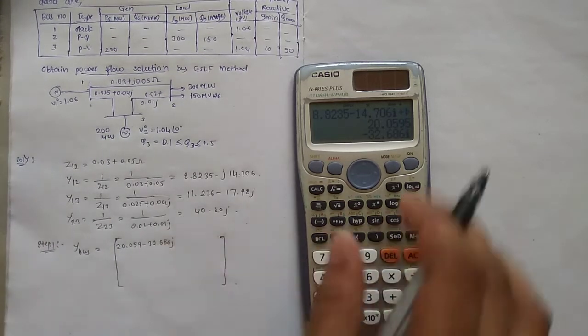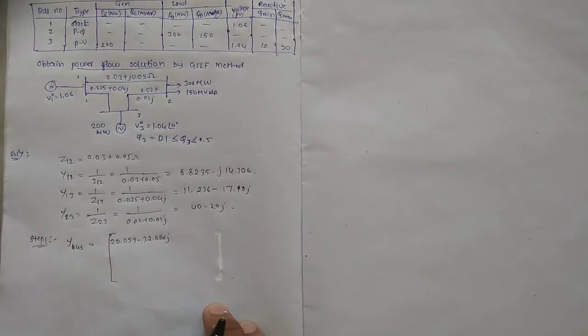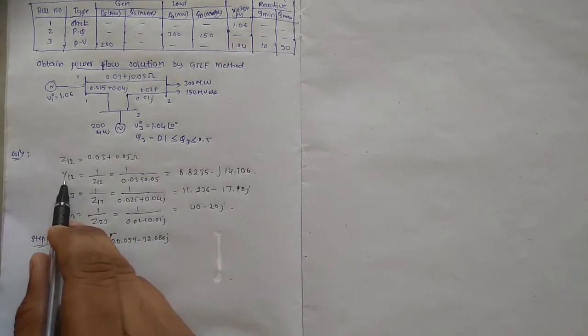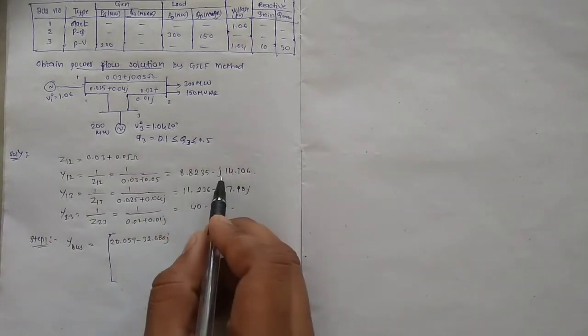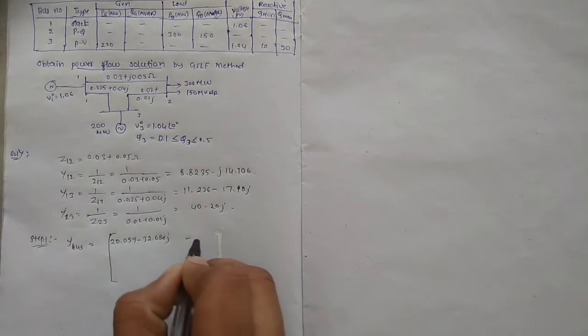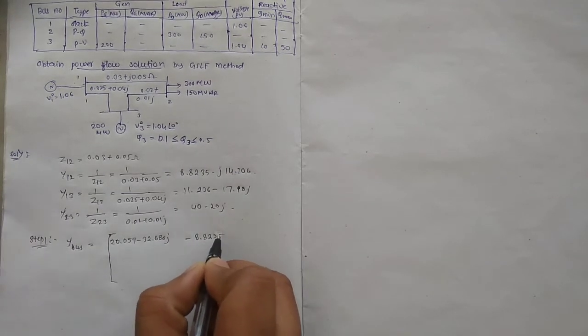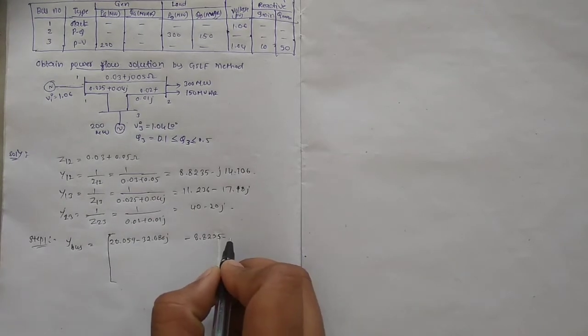Similarly, now this element is Y12, first row, second column. Y12 is the negative of this value. To understand these minus and plus signs, you can go through my first type 1 numerical, where I explained clearly.